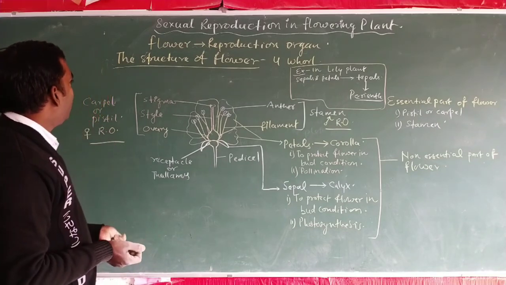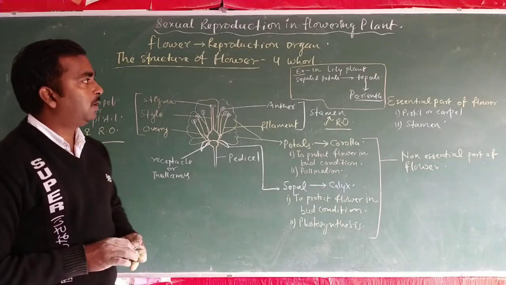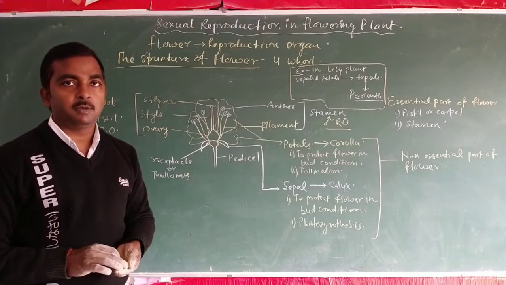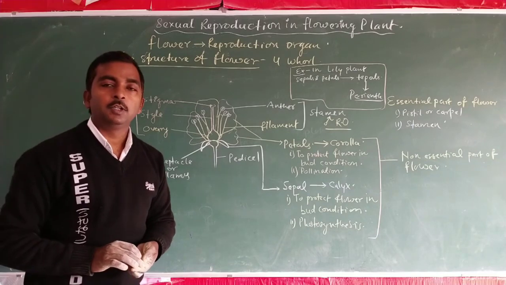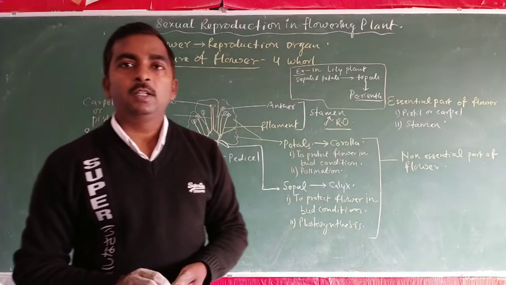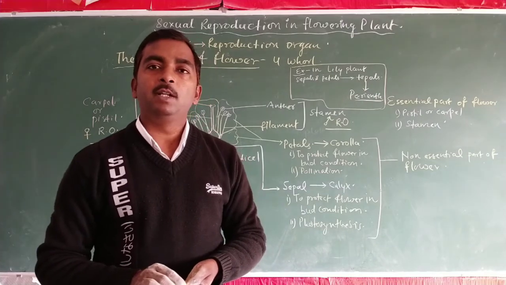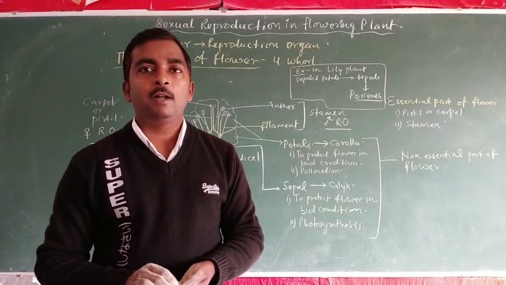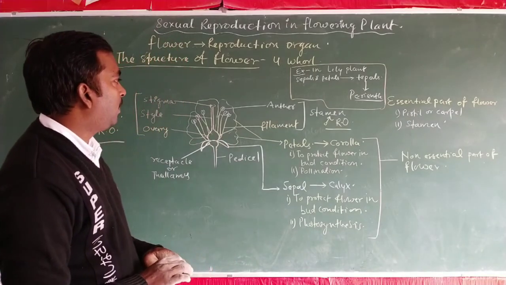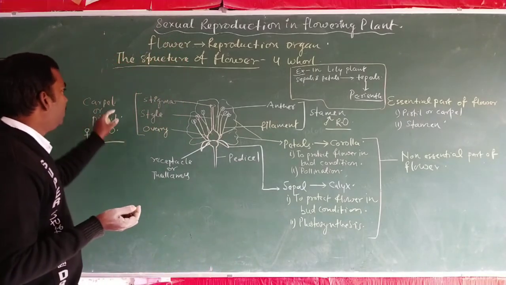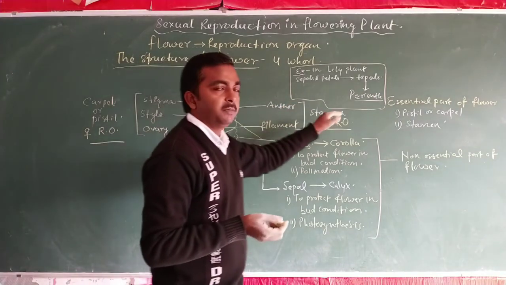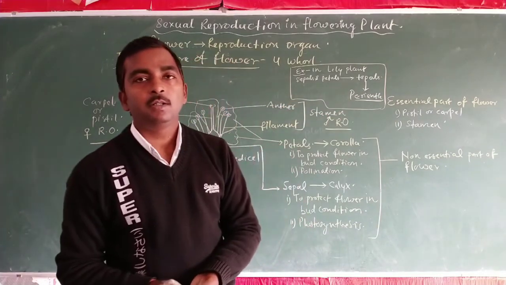Now this is all about the structure of flower, and we have also discussed the types of flower. In the next video lecture we will discuss the physiology of flower. Before that, we discussed in detail the pistil or carpel and stamen related to their structure.